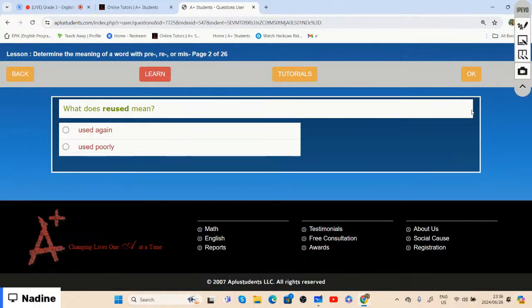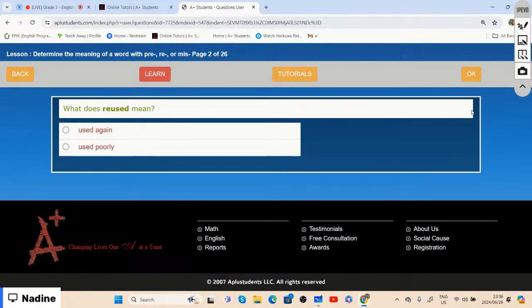What does reused mean? Re means again. What does it mean to reuse something? Does it mean it's being used again, option one, or it means used poorly, option two?